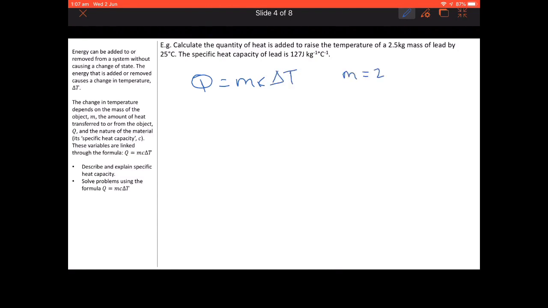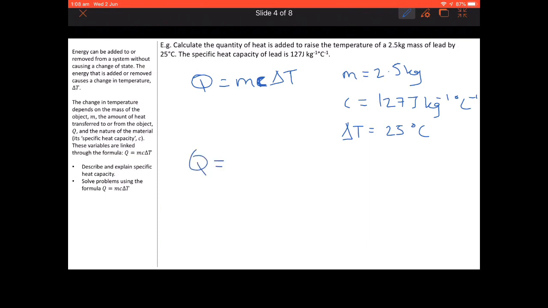Our mass is 2.5 kilos. Our specific heat capacity is 127 joules per kilo per degree Celsius, and our change in temperature is 25 degrees because that's how much we're increasing the temperature of the lead by.